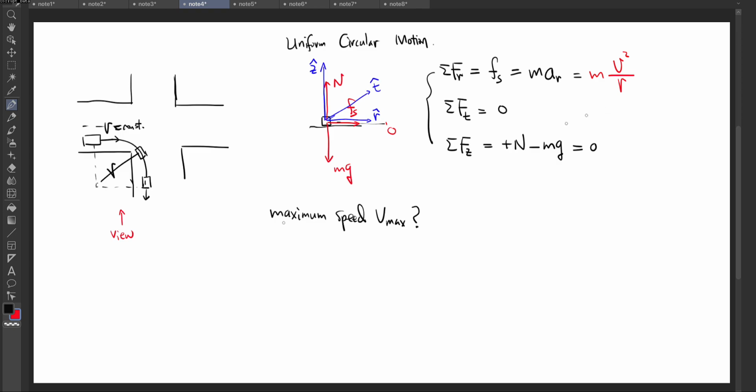And if I need to talk about the maximum speed, then I need to think about the maximum static friction. Okay, so when the friction force is maximum, then the speed here will be maximum. Okay, so let's replace this Fs by Fs max, and then this v here is v max.